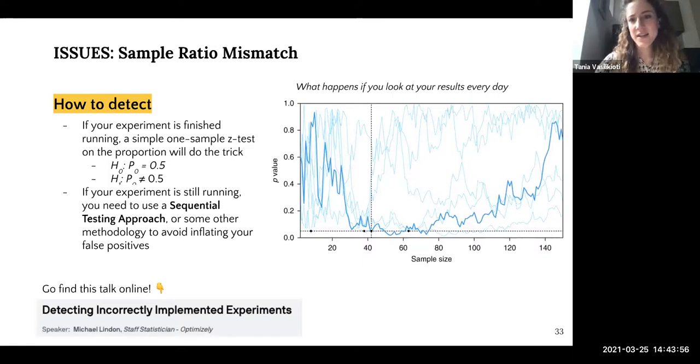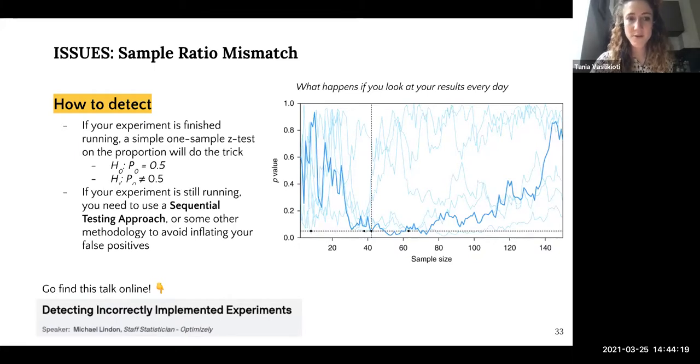Yeah, how would you detect it? You could wait for your test to finish and run a one sample test to see whether the proportions actually correspond to the statistically desired proportion, 50% for example. But that's usually not very useful because you have to wait for the test to finish.